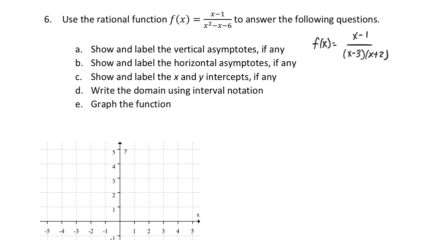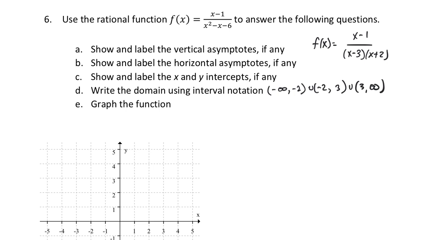So the domain, which we're going to skip to Part D, is from negative infinity to negative 2. The reason we're taking out negative 2 is because x cannot equal negative 2. And then we're going to go from negative 2 to positive 3, and then 3 to infinity.